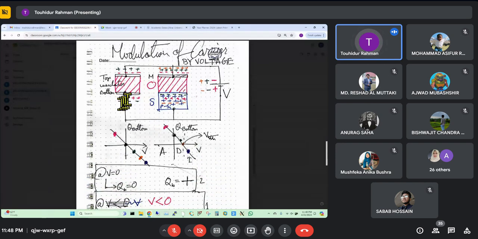So here on the left we have a parallel plate capacitor, and on the right we have a MOS capacitor. We are applying the same voltage to the parallel plate capacitor and also the MOS capacitor. Now we are going to analyze how we can modulate the carrier by changing the voltage.